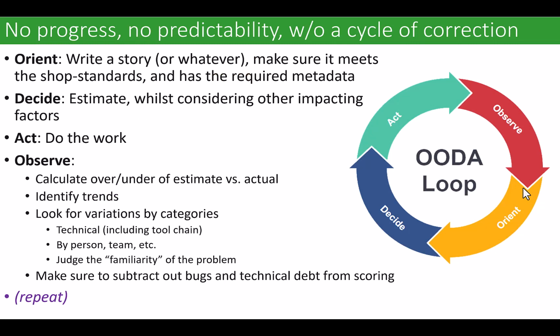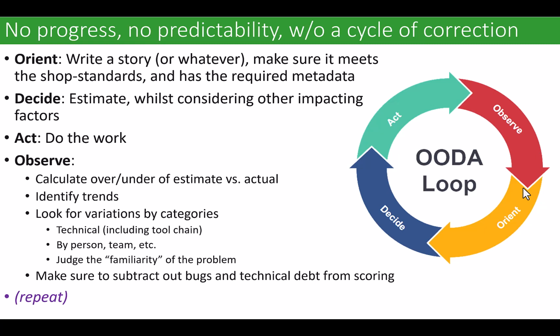And the best model for that in pretty much any cyclical process you desire is the all-important OODA loop, which you've seen me use in a bunch of other use cases, but it works just as well for this, right? So we orient, we write a story, and we say, yes, that is an estimatable thing. And then we decide, we do the estimation, and then we do the work, and then we figure out how much over or under we were.